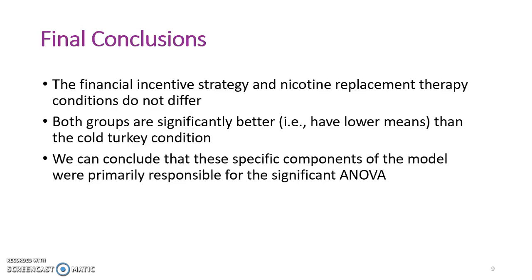That is, they have lower means on smoking intensity than the cold turkey condition. And so we can conclude that these specific components of the model, these group differences, were what was driving that overall significant F-test from the one-way ANOVA.